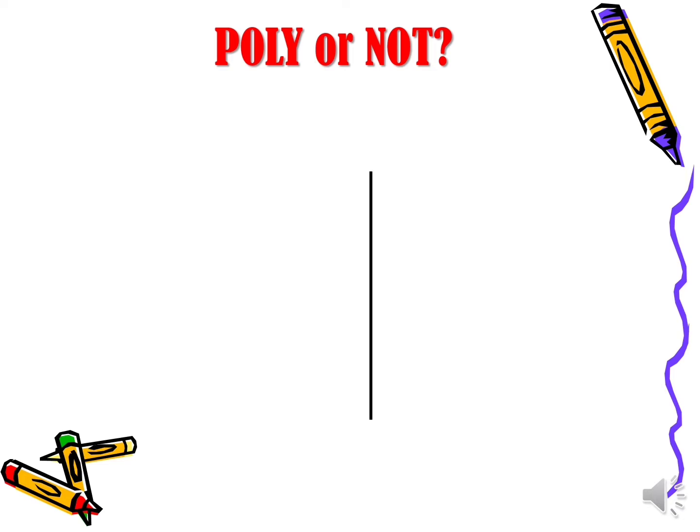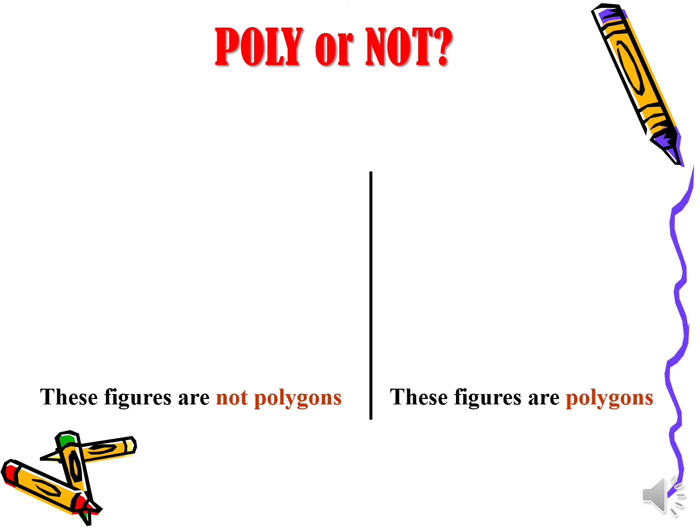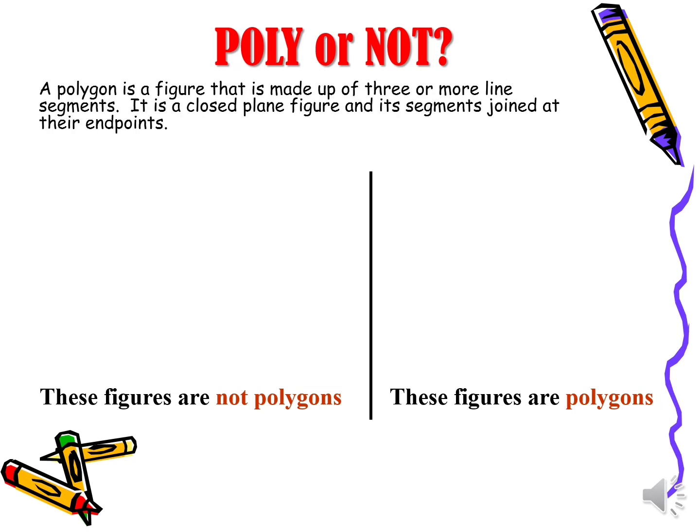In here, the figures at the left side are not polygons, and the figures at the right side are polygons. So let's take a look again at the definition. A polygon is a figure that is made up of 3 or more line segments, and it is a closed plane figure whose segments join at their endpoints.